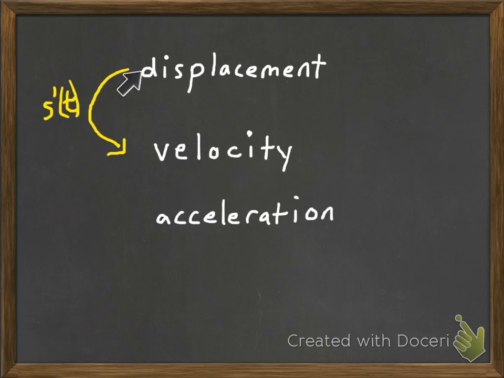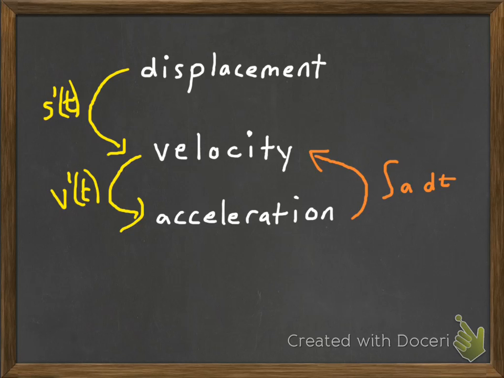The velocity is the derivative of the displacement function, and then acceleration is the derivative of velocity. And of course, if we're going backwards, then velocity is the integral of acceleration, and displacement is the integral of velocity, or the antiderivative of velocity. All right, that you should be familiar with.